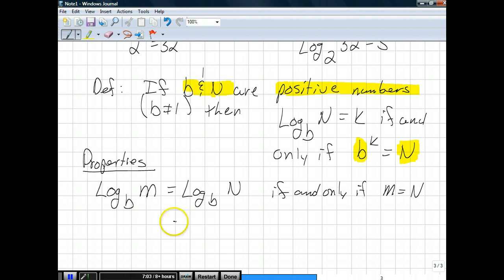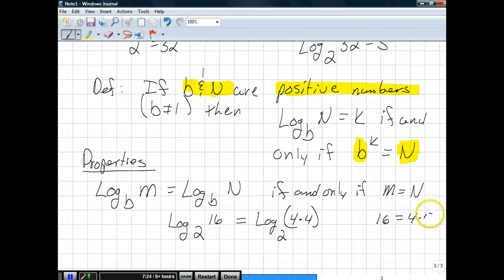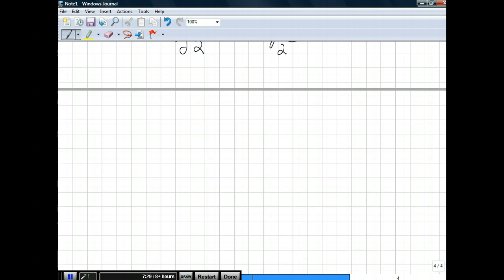So, for instance, log base 2 of 16 is equal to log base 2 of 4 times 4. Okay? Well, that is true because 16 equals 4 times 4. Okay? Next one.